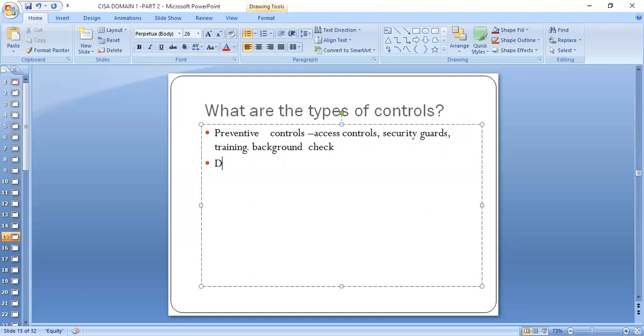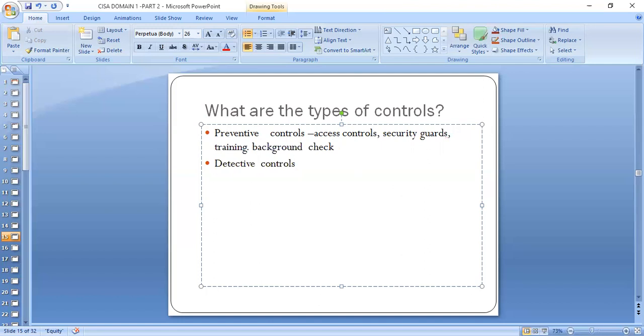You also have detective controls. These are controls that can warn us, alerting us that our preventive controls have failed. So there is a problem. Security guys, you need to act.